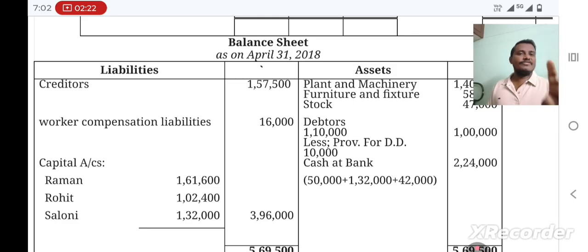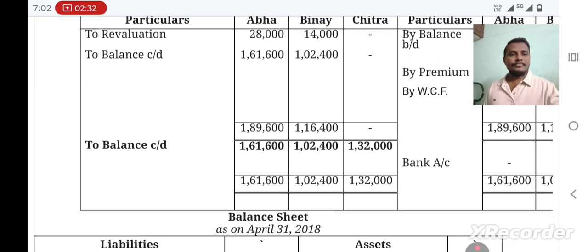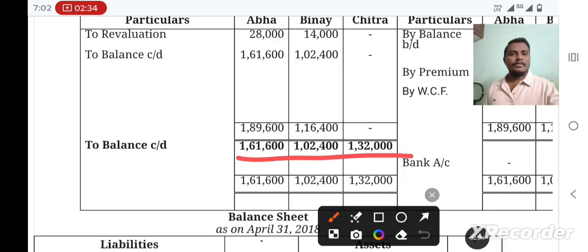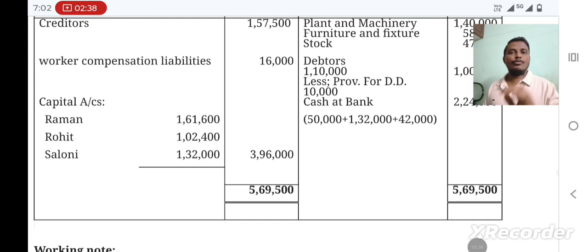Inside the balance sheet, first item I'll be recording the capital only. So capital accounts, here the capital I have taken from the partner's capital account, balance carry down, this one. So that one we have to take it and put it here. Raman 1,61,600, Rohit 1,02,400, Saloni 1,32,000.